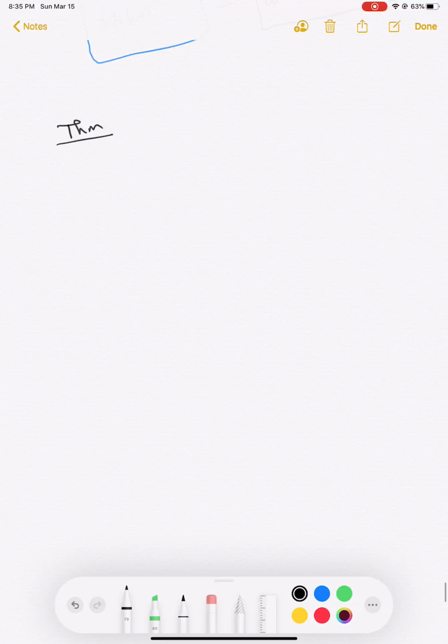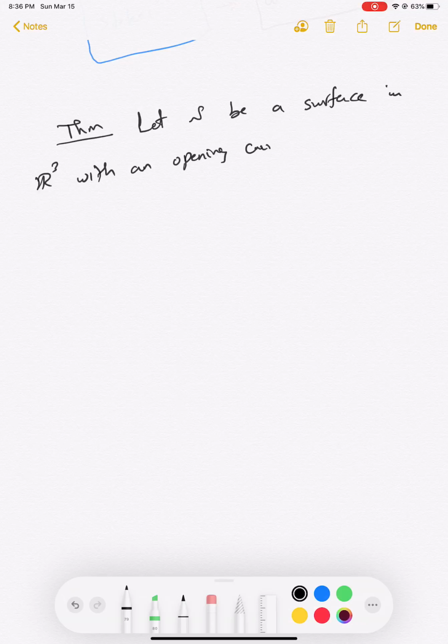So the theorem says, if you have a surface, let us say a surface S in R3, and I like to call the boundary curve with an opening, curve C, then.